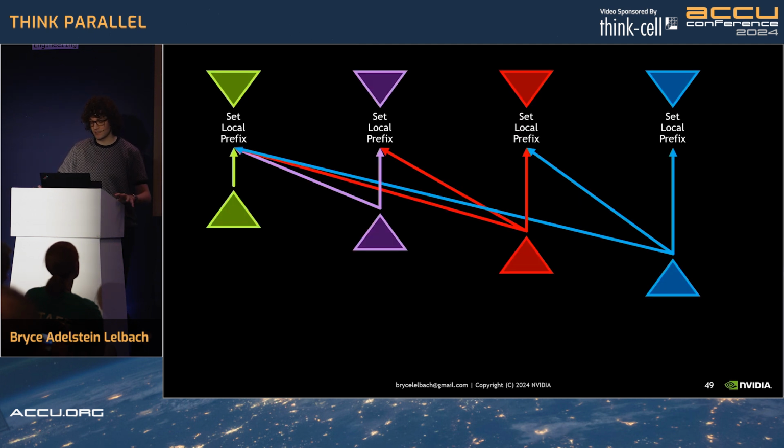Now let's break down what's happening here. So each tile performs its local serial scan, and that's all roughly going to be a fixed amount of work. And then calls setLocalPrefix, which publishes the information that subsequent tiles need. And temporally, that should happen at roughly the same time.